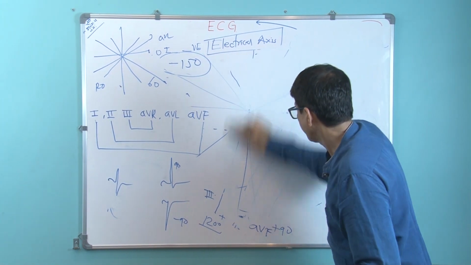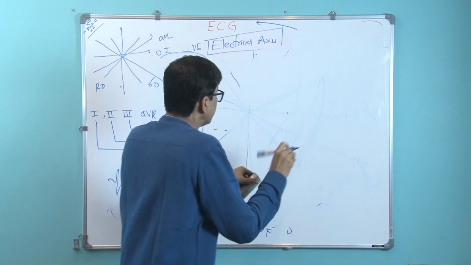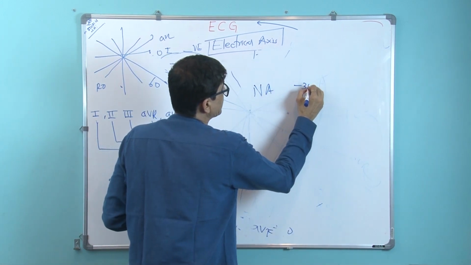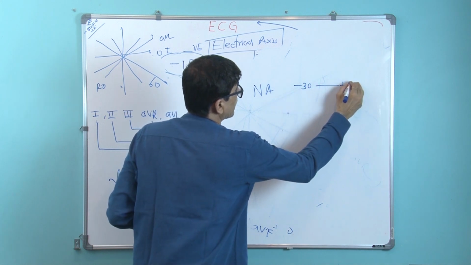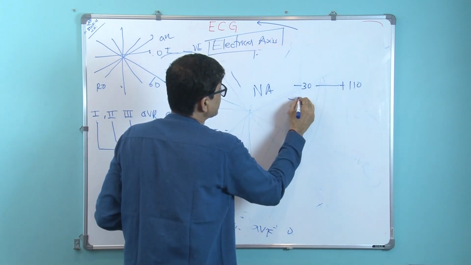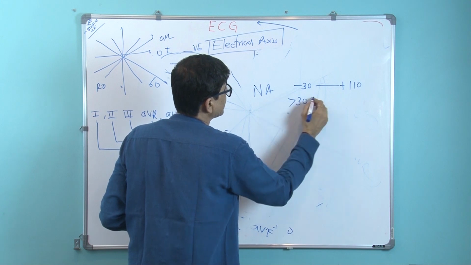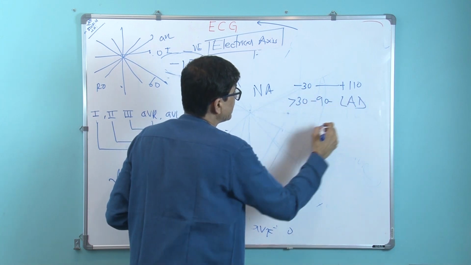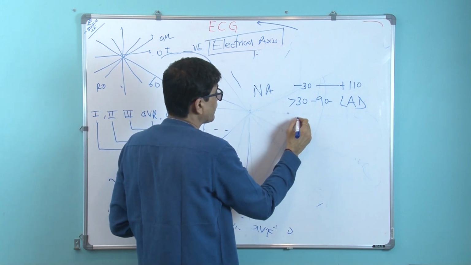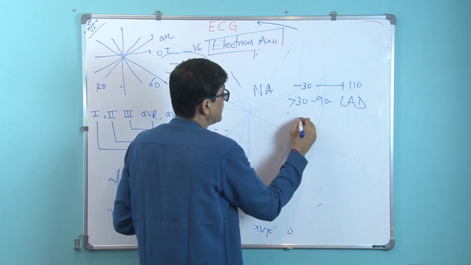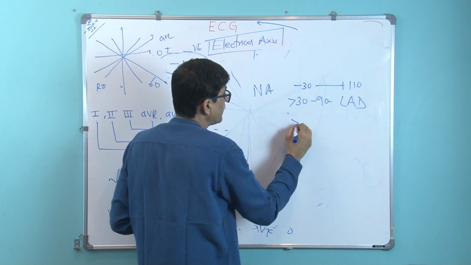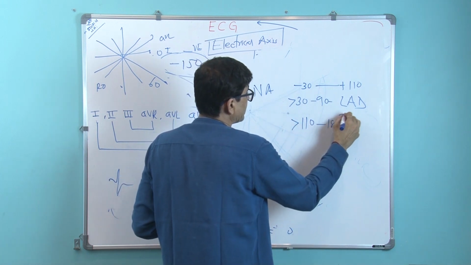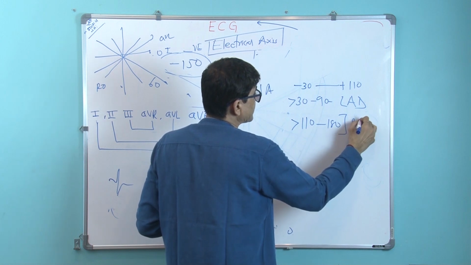Okay. So again, normal axis is minus 30 to plus 110. More than minus 30 to minus 90 is left axis deviation, and more than 110 to 180 is right axis deviation.